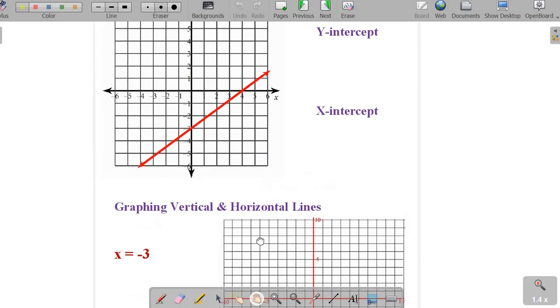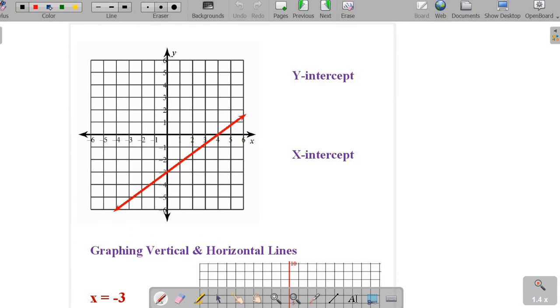Couple reminders. A y-intercept is where the line intersects the y-axis. So the y-intercept is where the line crosses the y-axis. In this case, our y-intercept is (0, -2).